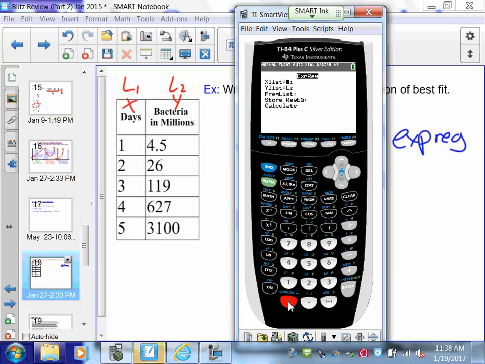It should already have it set up as list 1, list 2. If it's not, you just have to clear calculator again. Scroll all the way down to calculate. Hit enter. And then the answer is, so it tells you the form of the equation, then tells you what A and B are.